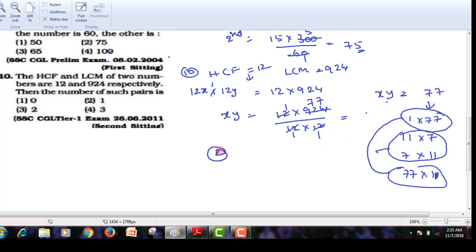That is two pairs. That means two pairs of numbers will be formed whose HCF is 12 and LCM is 924. Thank you friends for watching this video.